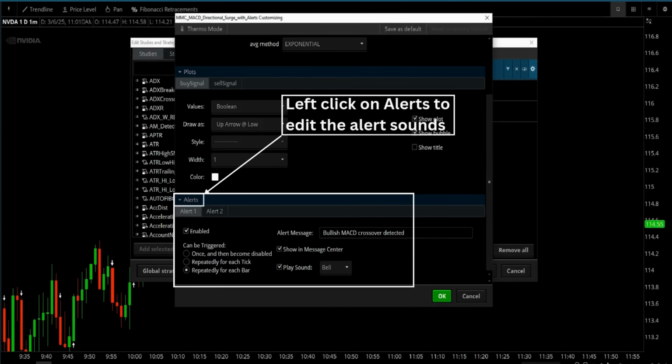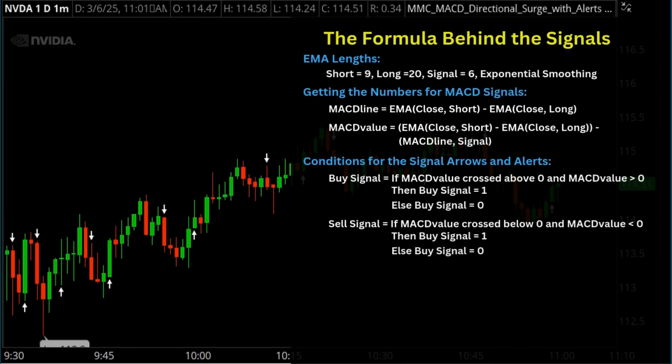This indicator uses exponential moving averages to separate short-term price action from long-term price trends. By measuring the difference between these averages and smoothing the result, the calculation identifies true momentum strength while filtering out minor fluctuations.